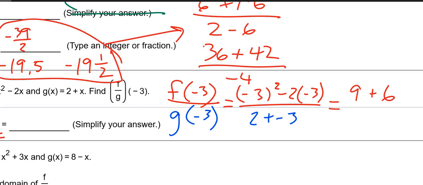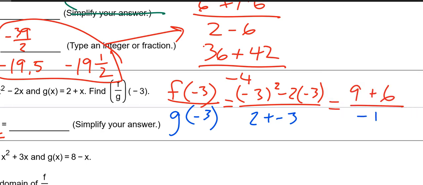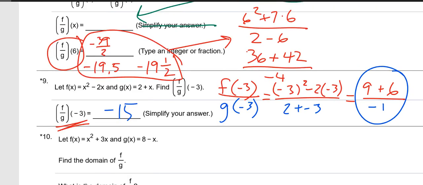We had 9 plus 6 on the top. We had -1 on the bottom. What is 9 plus 6 all over -1? -15. Several of you did get that correct. Nice job.